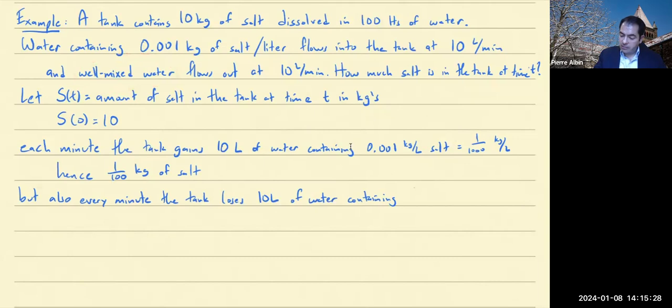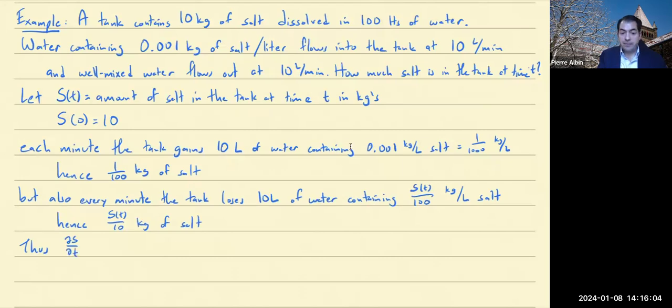So that means that the concentration of salt should be the total amount of salt in the tank divided by 100, because there are 100 liters in the tank, right? So that's kilograms per liter salt. So multiplying those numbers together, we end up with S of t divided by 10 kilograms of salt, right?